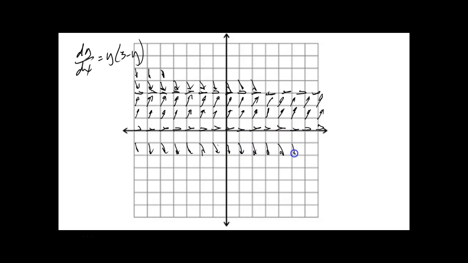And when you go to negative 2, you have a negative 2 times a 5, so that's negative 10. So here you are, extraordinarily steep again, just like we saw above. Very, very steep. And they just keep getting steeper.